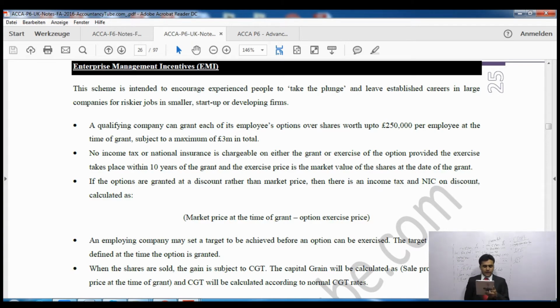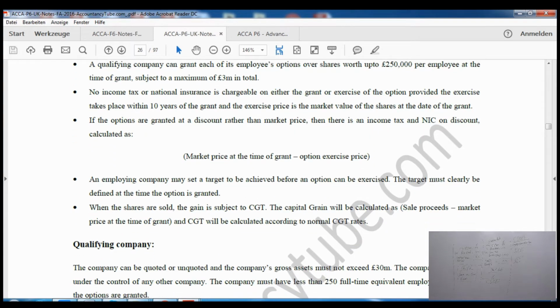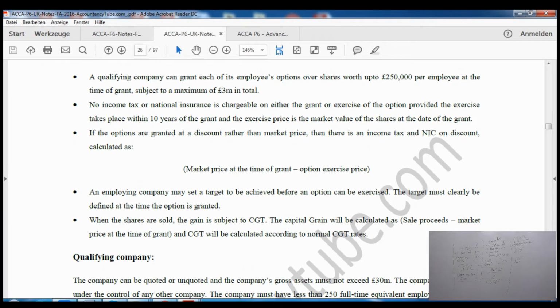A qualifying company can grant each of its employees options over shares worth up to £250,000 per employee at the time of grant, and is subject to a maximum of 3 million in total. So in total it will be less than 3 million, and per employee £250,000.